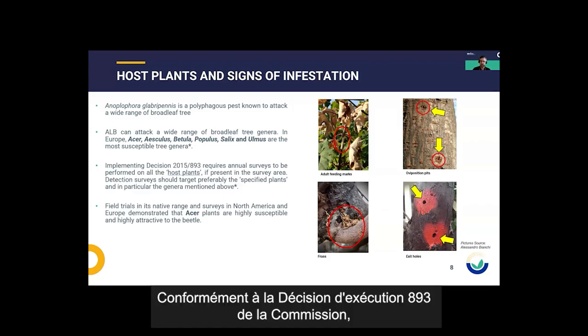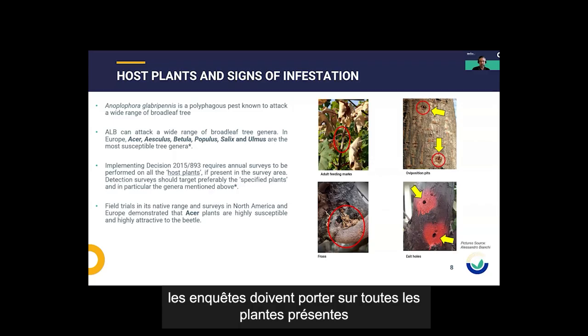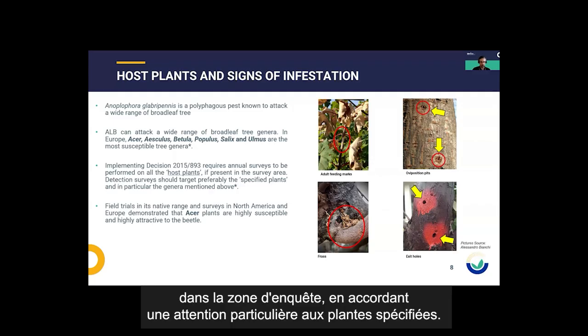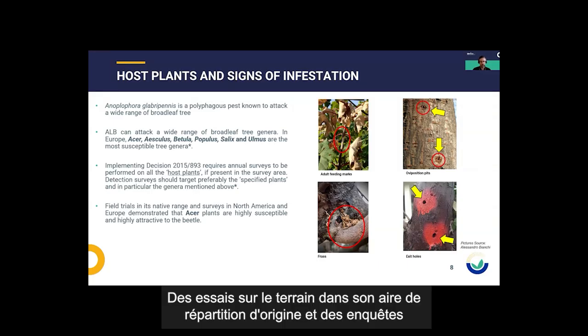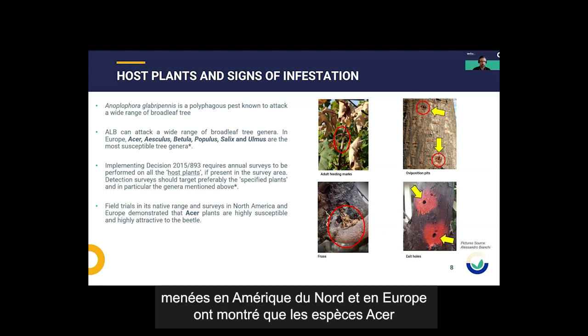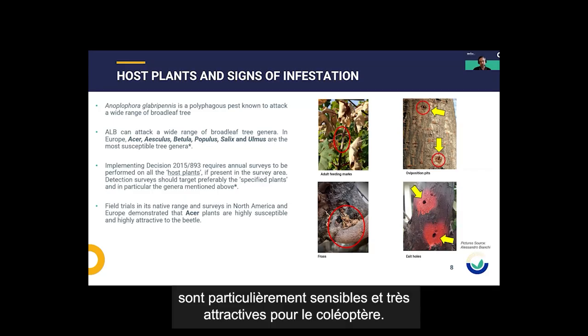According to the Commission Implementing Decision, surveys might be carried out on all host plants present in the survey area, with special attention to specified plants. Field trials in its native range and surveys in North America and Europe have shown that Acer species are particularly susceptible and very attractive to the beetle.